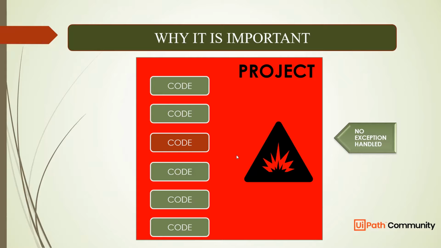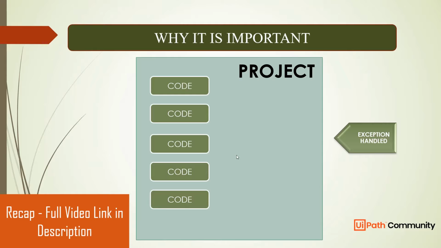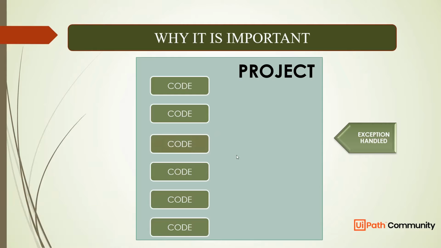Now, how do I do the exception handling? In the previous videos, we have seen that we use the try and the catch activity. Now let us see what happens if I implement try and catch. Again I have the same project with multiple pieces of code, and some of the code is breaking. All I have to do is handle this exception.